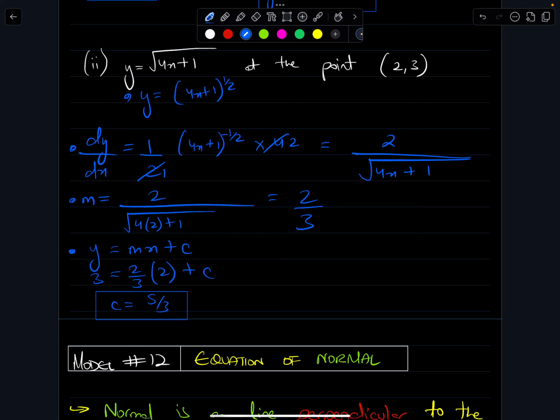And thus our final answer would be y is equal to 2 over 3 x plus 5 over 3. How about I take the 3 to that side, since it's a common denominator, and I'll turn out to have 3y is equal to 2x plus 5 as my final equation in a simplified form.